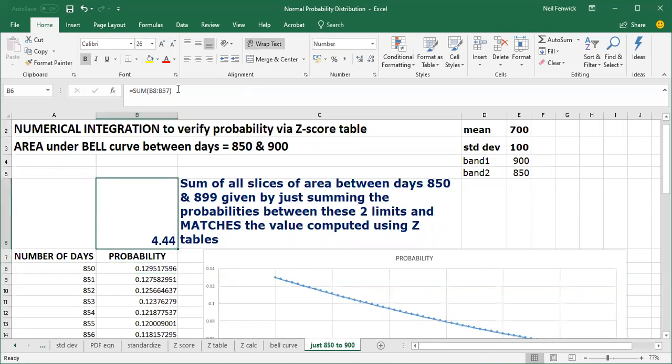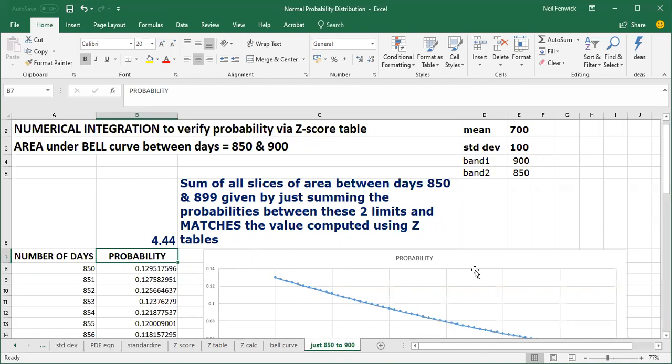If you do the sum in Excel, which we've done here with this equation, we get a sum of 4.44%. So the probability of picking out a bar at random off a production line that has a lifetime between 900 and 850 days is 4.44%. So we've verified, using numerical calculus, our computed probability using the z-score tables.